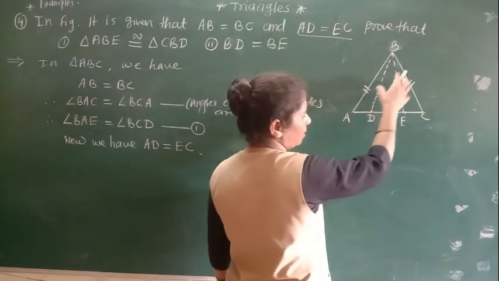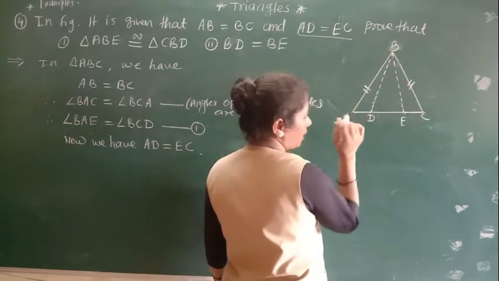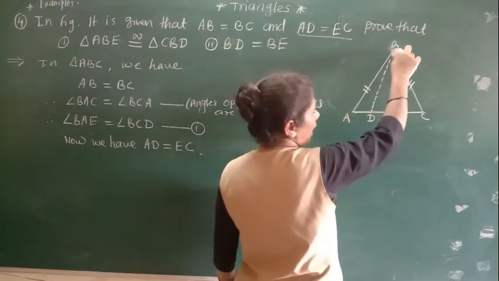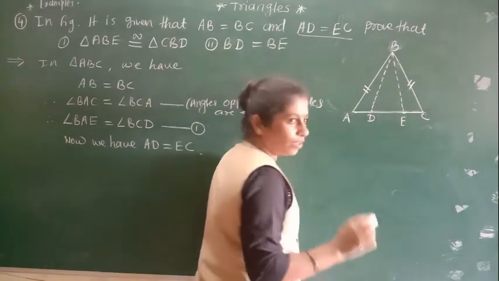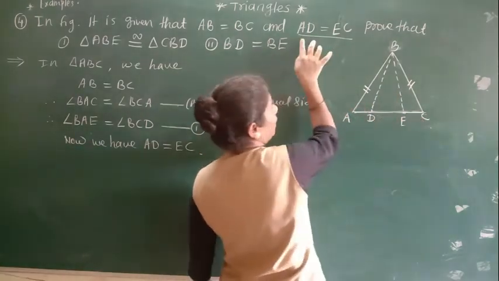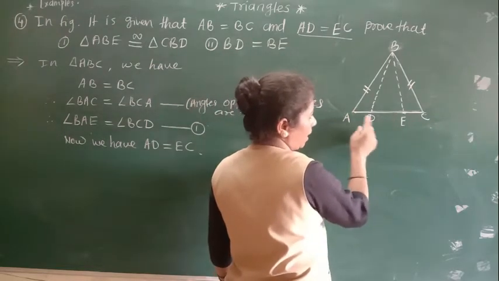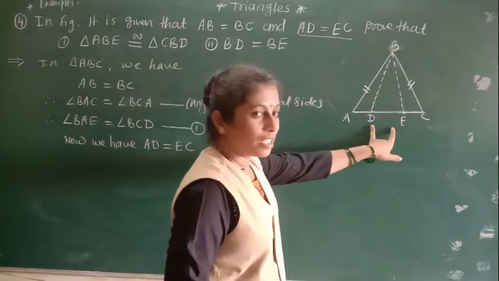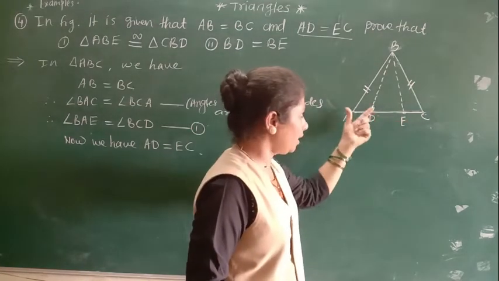In these two triangles, BCD and BAE, only a short part of the sides AE and BC is given as AD equals EC, but DE is in both triangles, right? So the DE part, one side of the triangle, is included in both triangles.